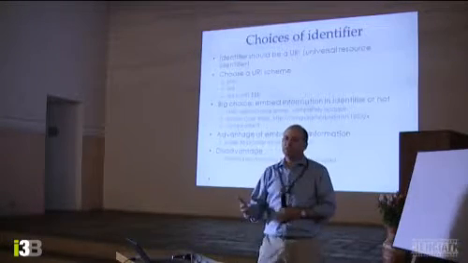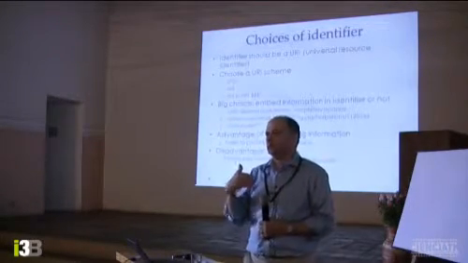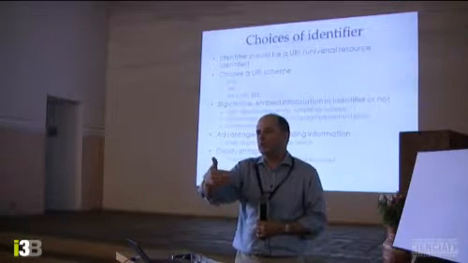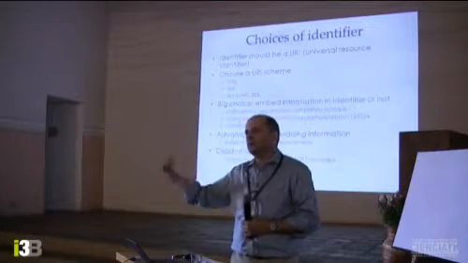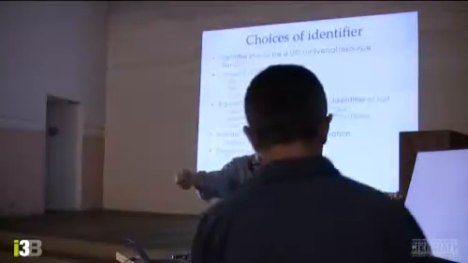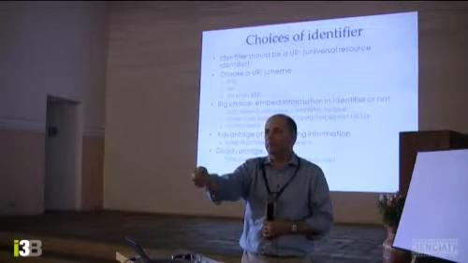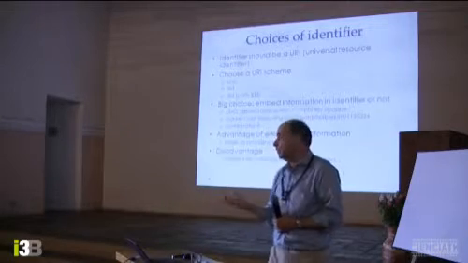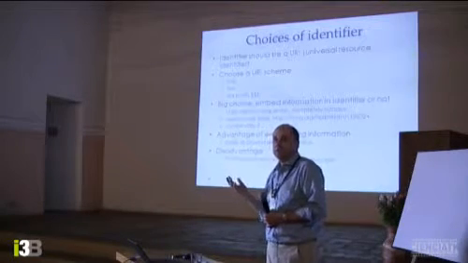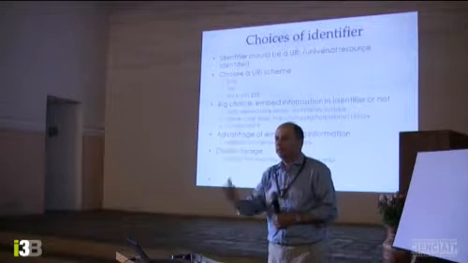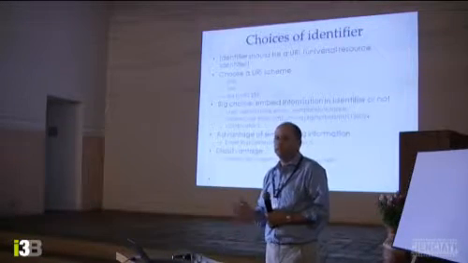Once you've chosen a scheme, the next thing you have to do is decide how you're going to make your identifiers. It's very important that you be able to map your identifiers back to the objects. So if somebody presents an identifier to you, you have to be able to figure out which specimen that's associated with. So the Darwin Core triple makes sense. Your museum is organized according to collections, and within the collection there are unique identifiers, unique numbers.